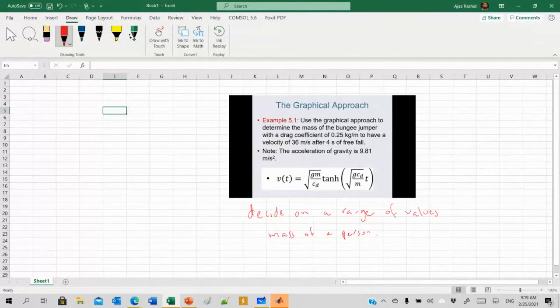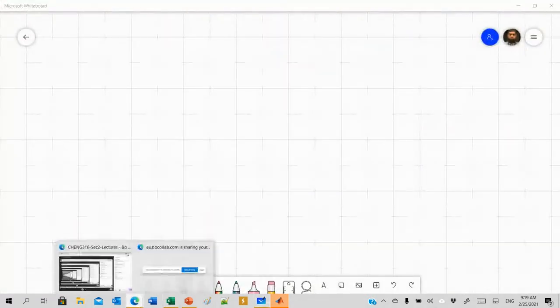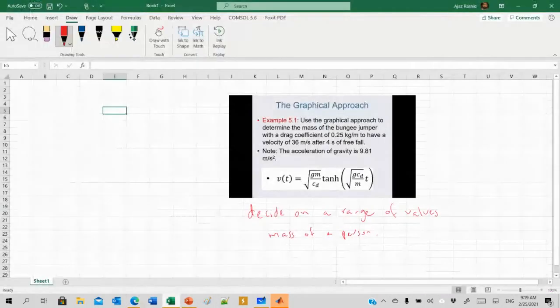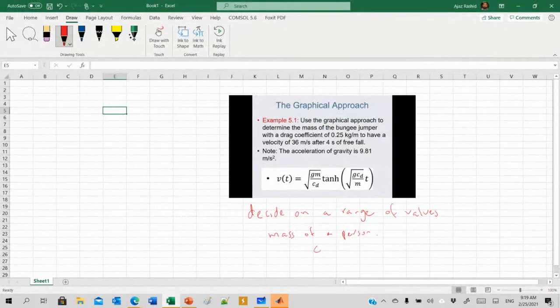Of course, we are not going to have a small child doing the bungee jumping, so you try to look for a range of mass. Omar says from 50 to 160, Ali says from 40 to 150. Yeah, so we can try. Let's say we'll go from 40 to 200 kgs. Some of these people can go up to 200.